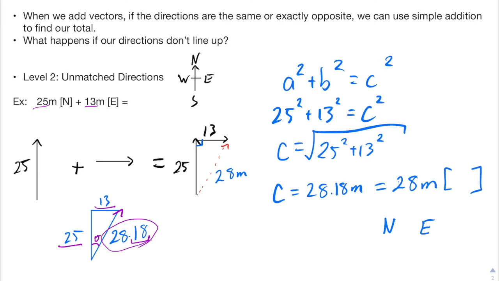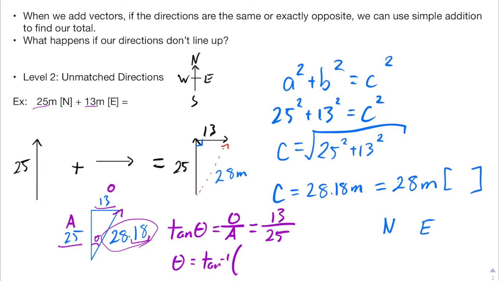So remembering back to our Math 10, this is our opposite side, this is our adjacent side, and from SOHCAHTOA, we know we are using the tangent of the angle is equal to opposite over adjacent. Here, our opposite side is 13, our adjacent side is 25, and so our angle is equal to the arctan of 13 over 25, which is equal to 27 degrees.